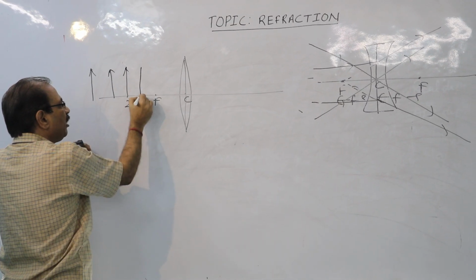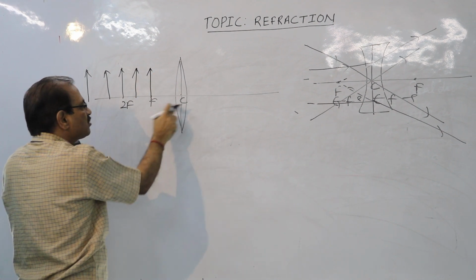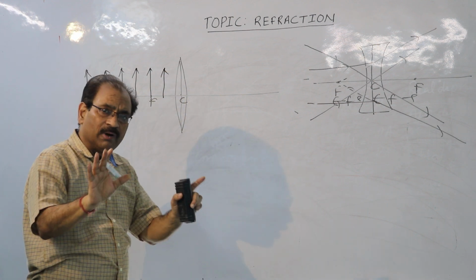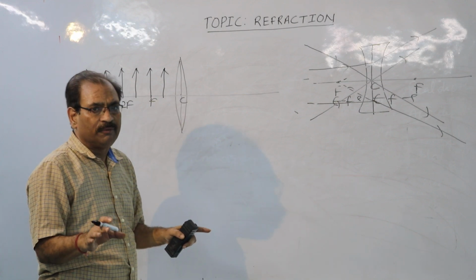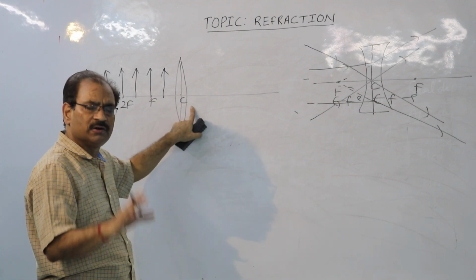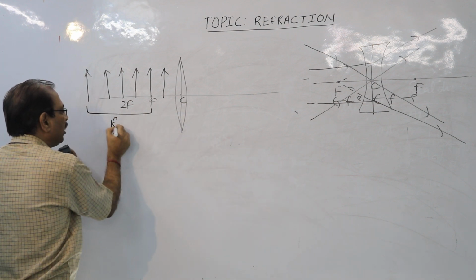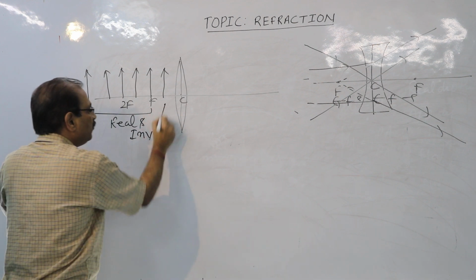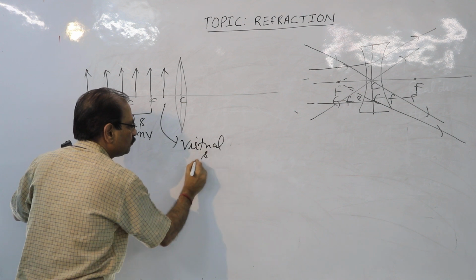Number 4, between F and 2F. Number 5, at F. Number 6, between the optical center and F. So remember, these are in all 6 possibilities of formation of images by convex lenses. Always remember, in these 5 cases, the image is real and inverted. In the last case, the image is virtual and erect.